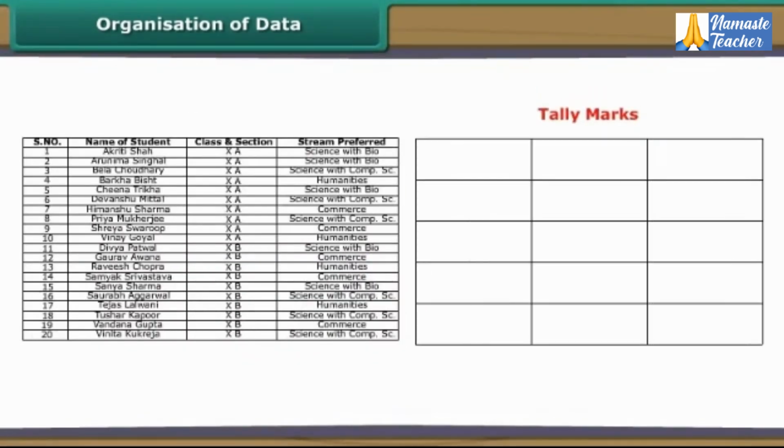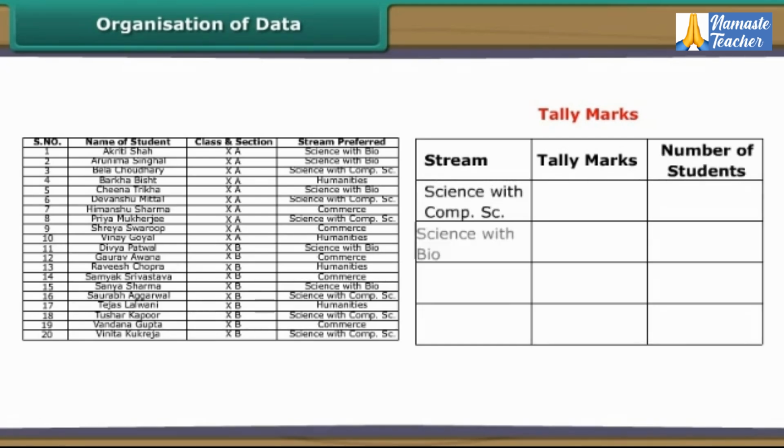We use tally marks to organize data. Let us learn how. Consider the data collected by Sheetal on the stream preferences of Class 10 students. Make 3 columns: streams, tally marks, and number of students. Specify all available streams under streams one by one.